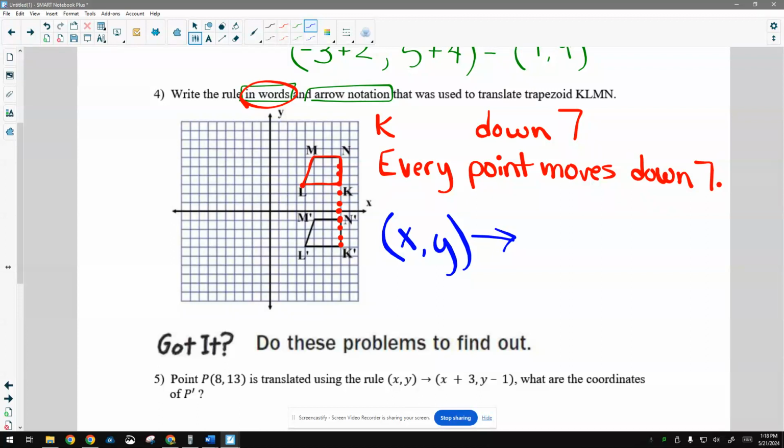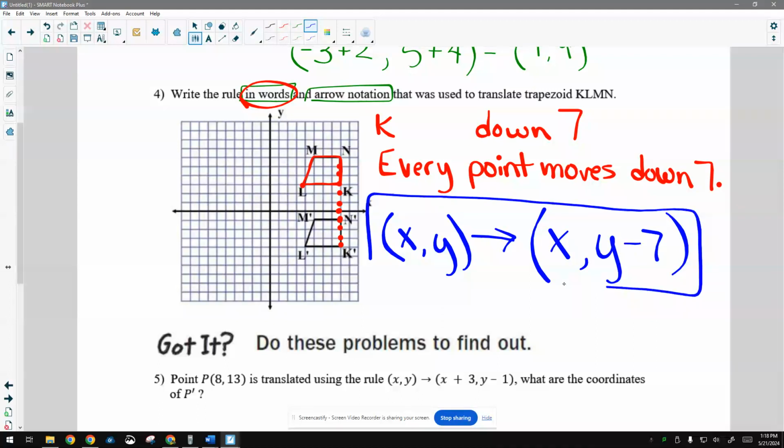So what happened to X? Nothing. It's going to stay X. And then Y went down 7. So this one translates to X comma Y minus 7. We want to give that example so you see what happens when it doesn't change. This right here is arrow notation. Okay, go ahead and try the next one.